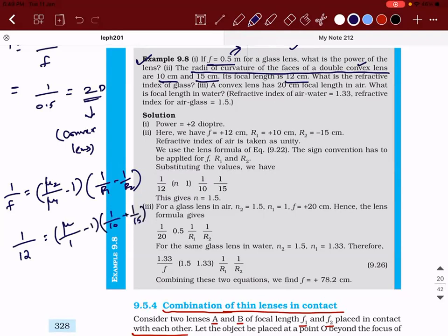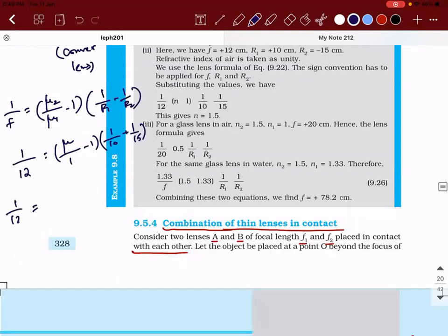Why did I put a plus? Because R1 is positive and R2 is negative. So 1 by 12 is equal to (mu minus 1) into 25 divided by 150. This will go 6 times and this will go 2 times. So mu minus 1 is equal to 1 by 2. Mu will be equal to 3 by 2, or 1.5.